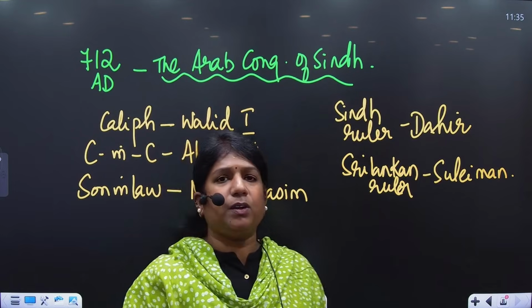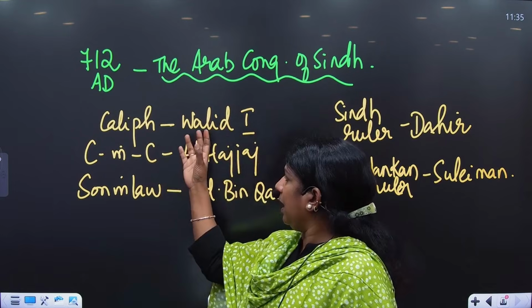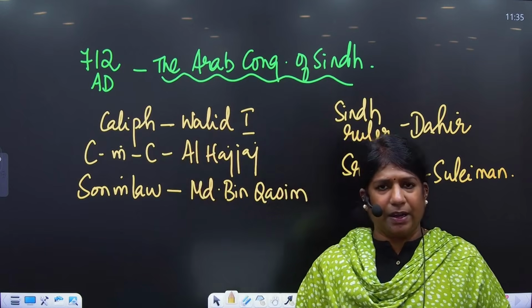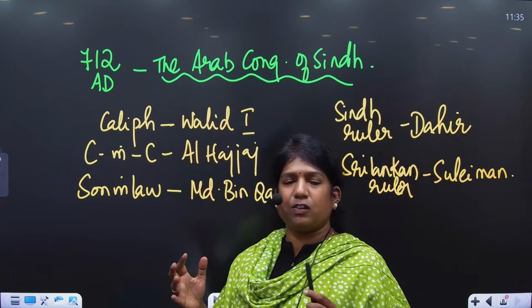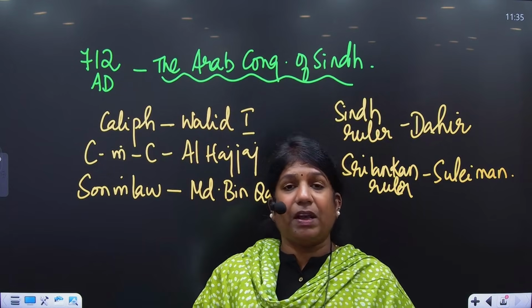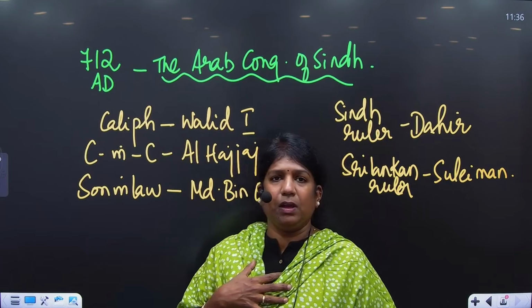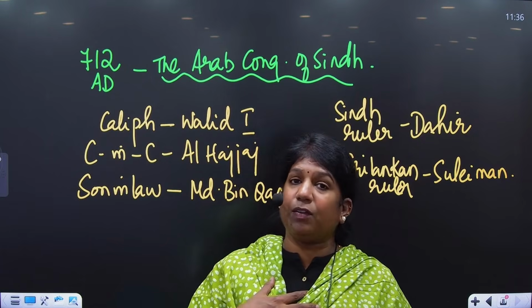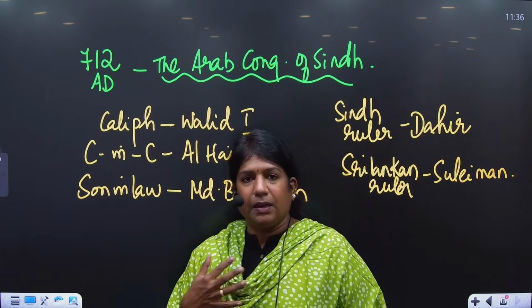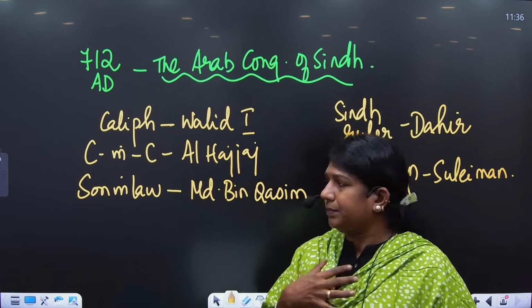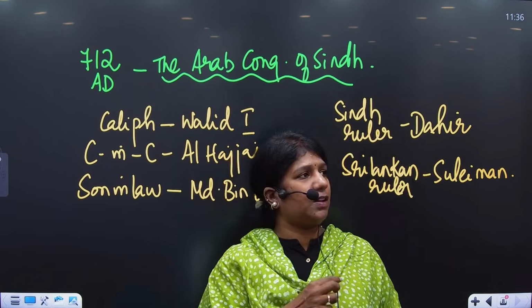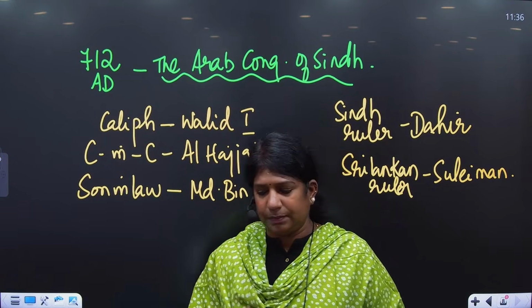To inquire into this, the Caliph wanted Al-Hajjaj to look into it, and Al-Hajjaj sent a small group to mediate, but Dahir, the Indian ruler, did not consider them and they were all killed. Taking this as a direct attack, the Caliph asked Al-Hajjaj to attack and occupy Sindh.